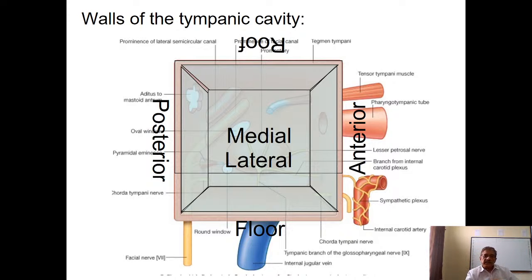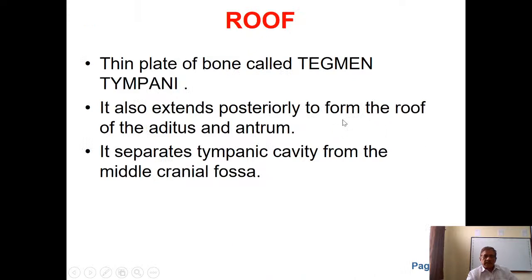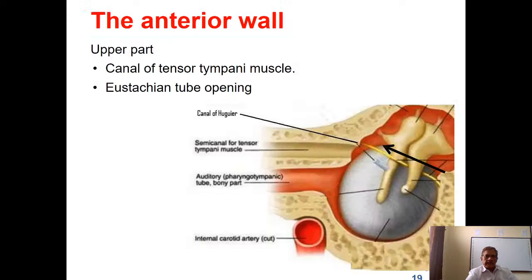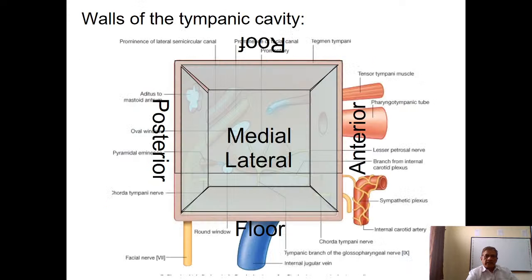One is an opening for the pharyngotympanic tube or the Eustachian tube, as we mentioned, which connects the nasopharynx with the middle ear cavity. That is the Eustachian tube, which opens into the anterior wall of the middle ear and communicates with the nasopharynx.